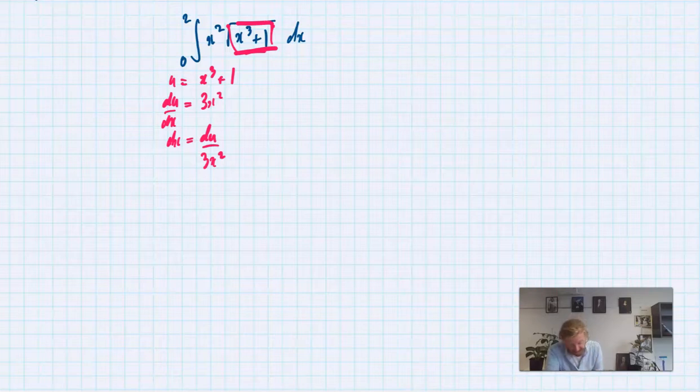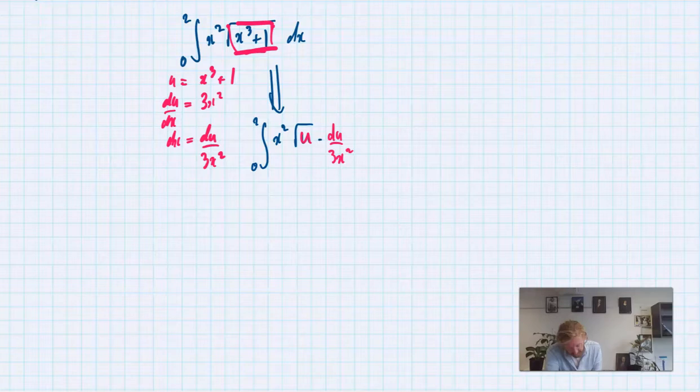Okay, this guy here is now going to become the integral from 2 to 0 of x squared, x cubed plus 1 is u, so that's root u times du dx, which is du on 3x squared. So what I've done is I've put that u in there and that guy in there.